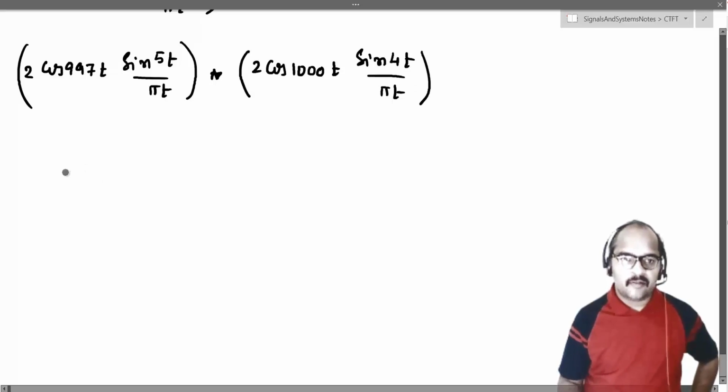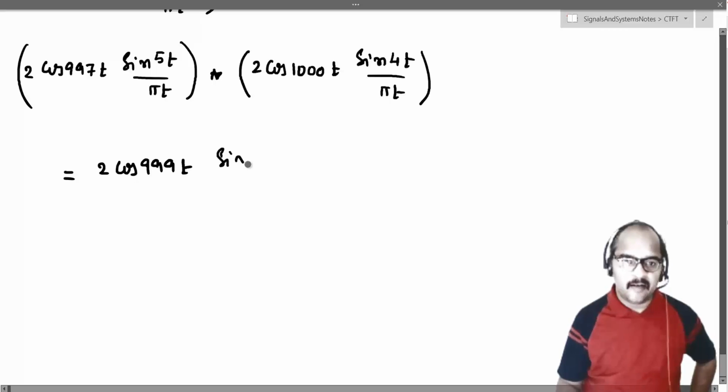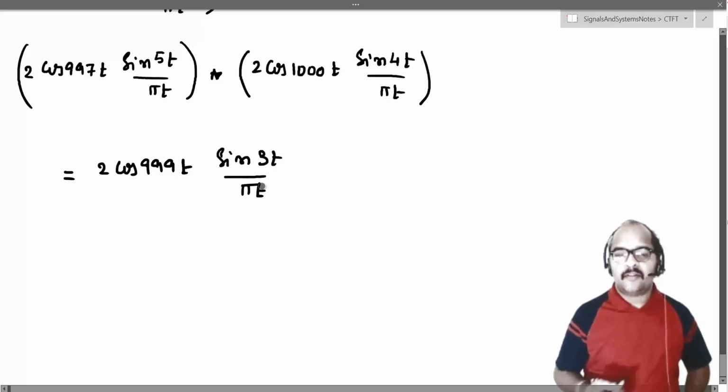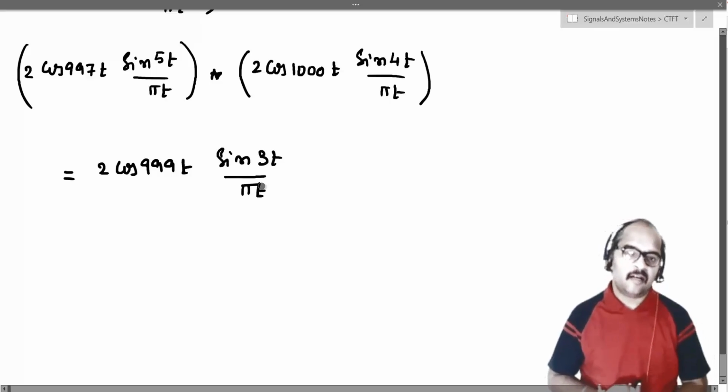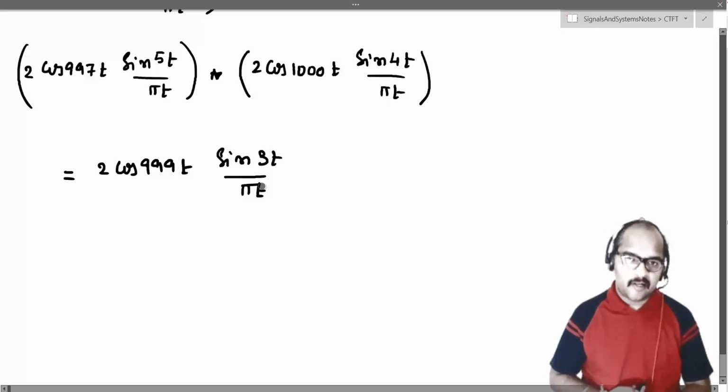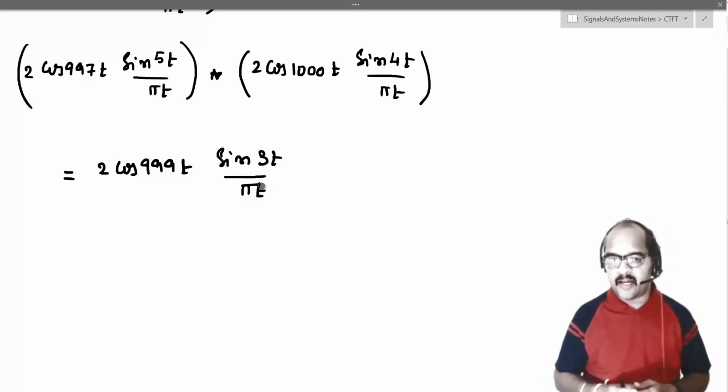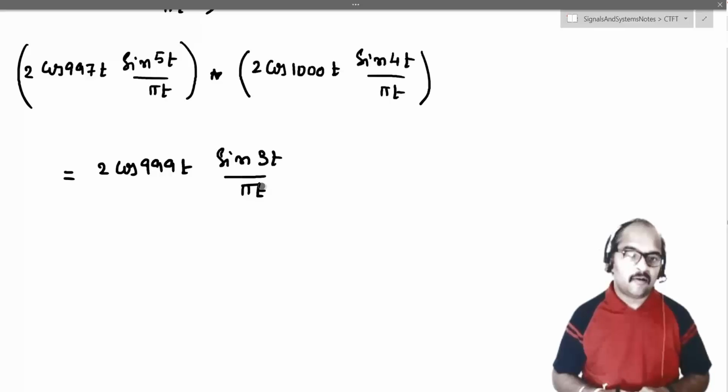After convolution, this answer we got to be 2 cos 999t multiplied with sin 3t divided by pi t. So in that way we can take the help of the convolution-in-time-domain property even to find the convolution of this kind of complex signals.